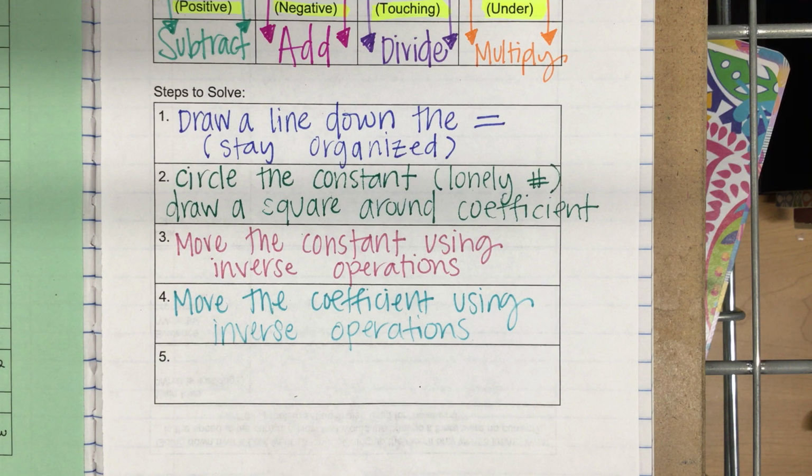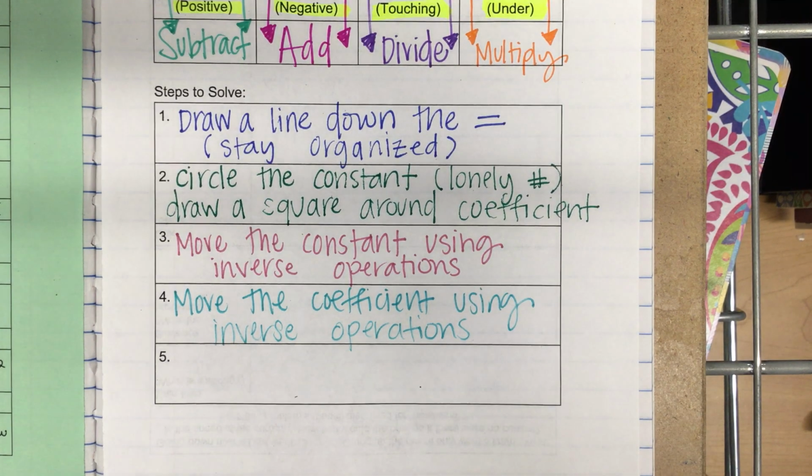Which one's the constant? Mr. Lonely. It's the lonely number. It's the number without the variable. Which one's the coefficient? The one with the variable. We move the coefficient, the one with the variable, using inverse operations. And last but not least, ladies and gentlemen, this one people skip all the time and it blows my mind.